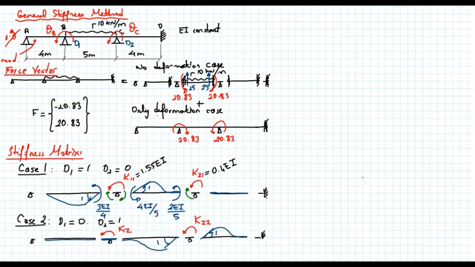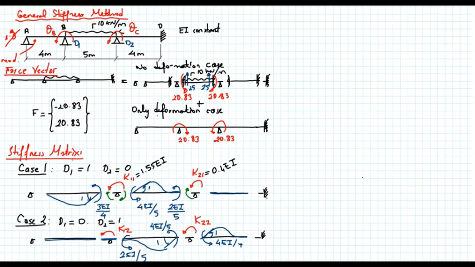And use the slope deflection equations. So this is 4EI over 4. That moment is 4EI over 5. And this moment is 2EI over 5.